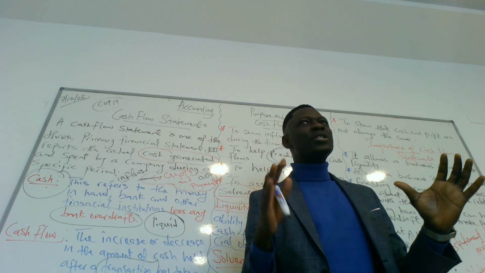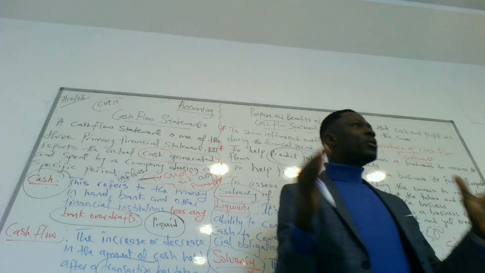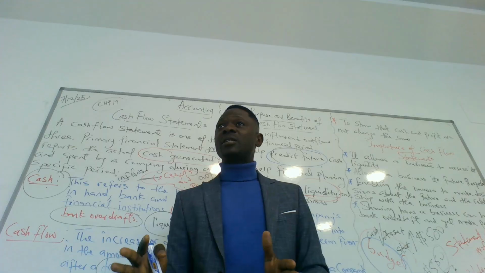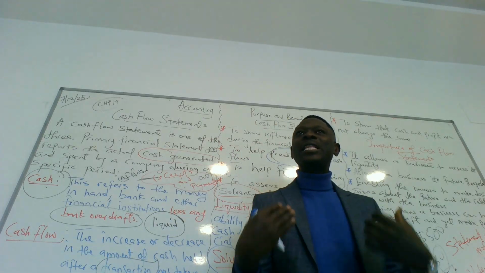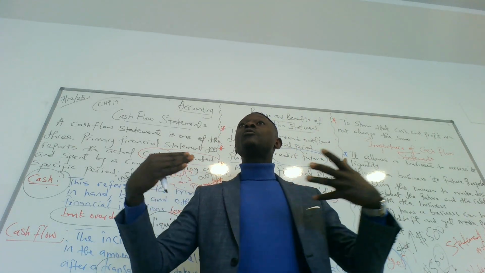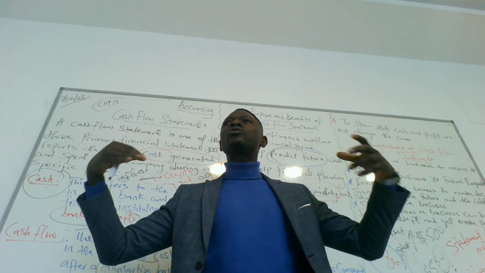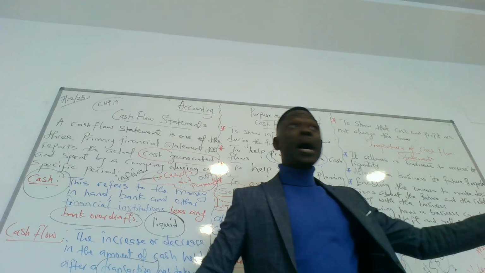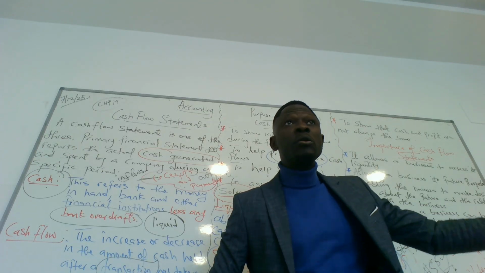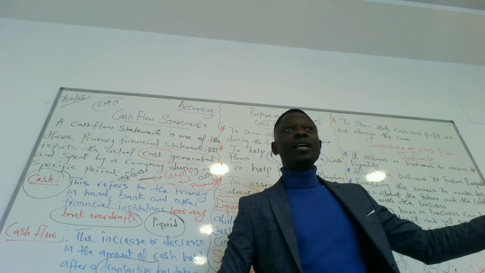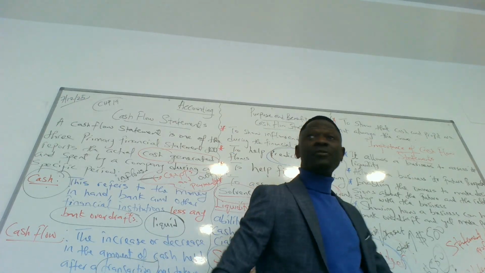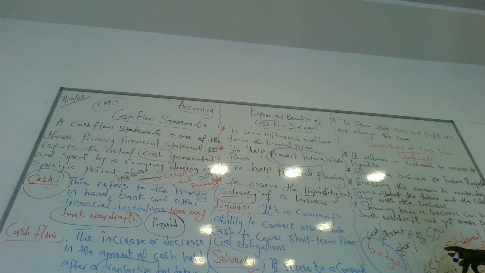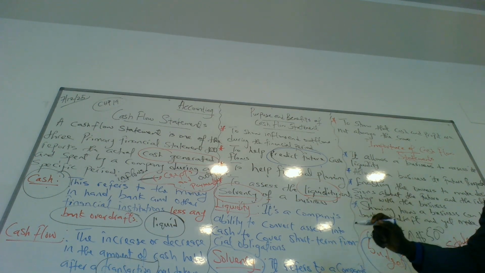Are we getting the difference between solvency and liquidity? Liquidity is about you being able to pay your short-term financial obligations. Solvency is about your financial capability to pay or to buy or to spend more cash in the future. If you need to buy a building for your company, can you use a bank overdraft to buy it? You have to take a loan, thank you.